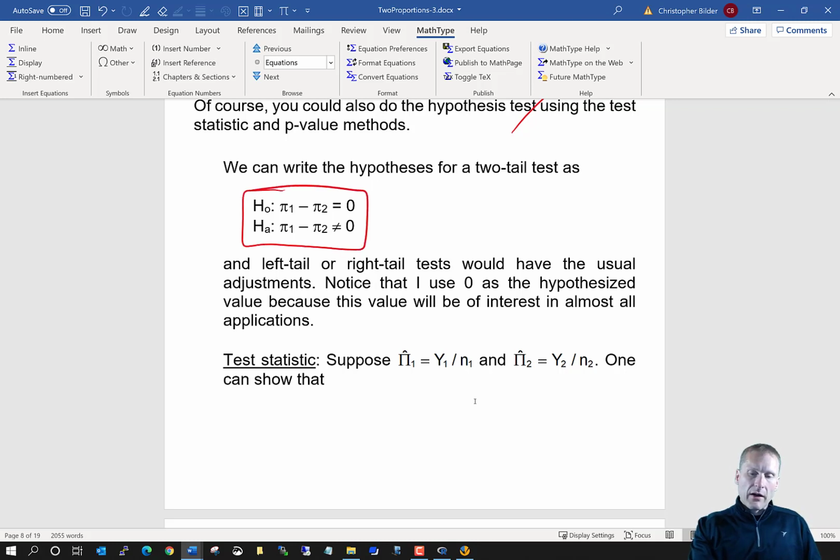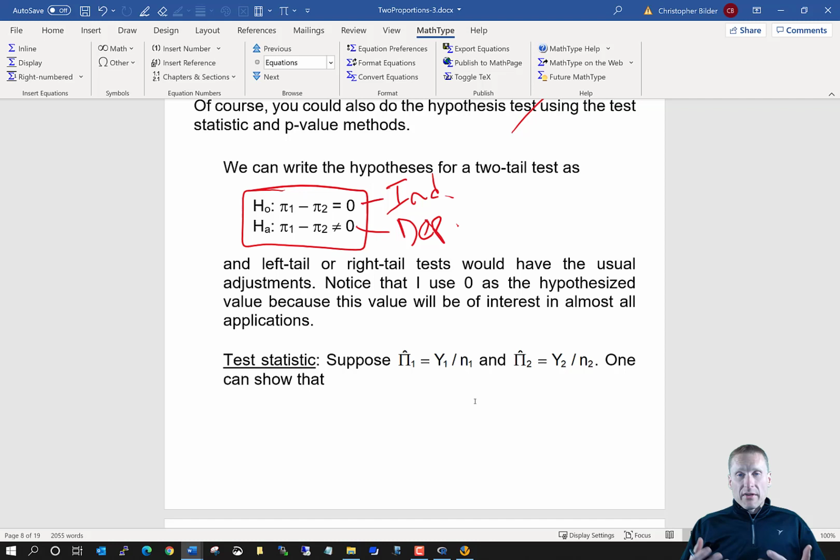We can write out our hypotheses like this: pi 1 minus pi 2 equals 0, which would be equivalent to independence, and pi 1 minus pi 2 not equal to 0, equivalent to dependence, meaning that those two probabilities are different. In terms of the Larry Bird problem, it does matter if you make or miss that first free throw, because the probability of success is different on that second free throw.